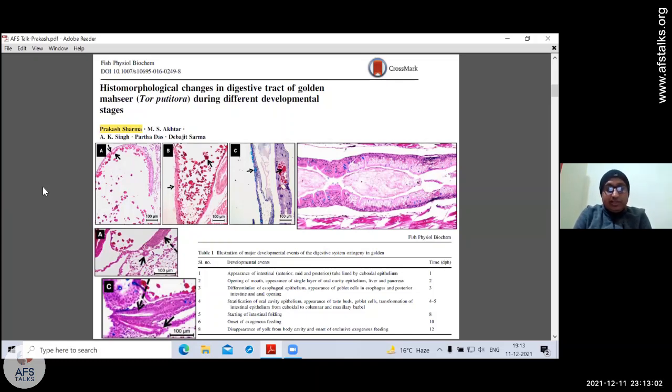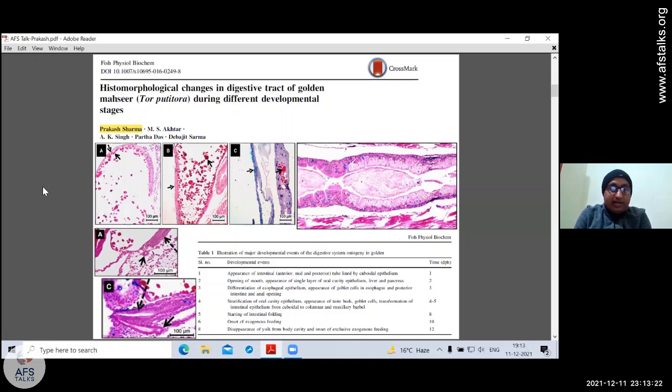Those were very interesting things to look into. In that work, I could list around 8 developmental endpoints as histological markers. Those were the only 8 histological biomarkers that I could list during my first study on ontogeny.